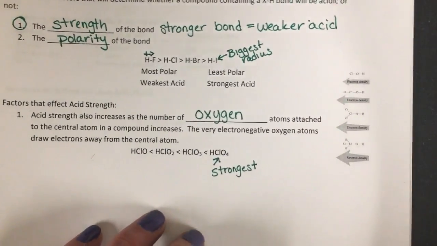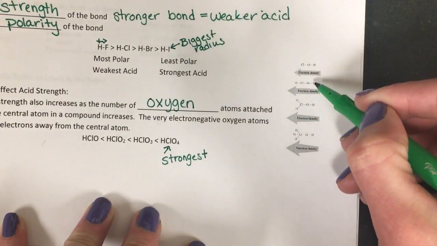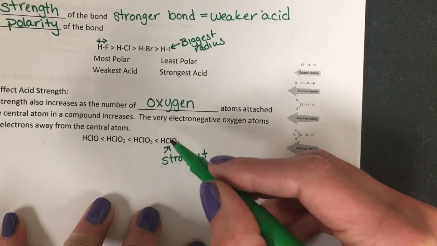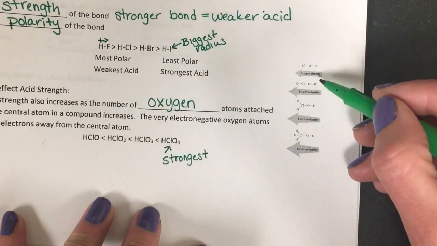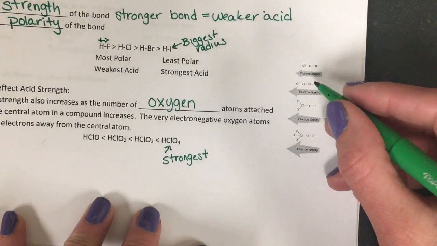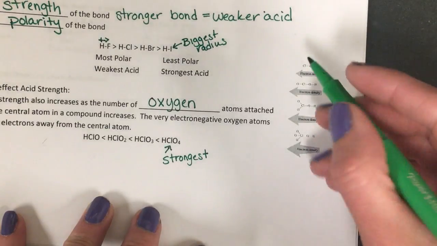And here's why. If we look over at our tiny picture, this H, my acidic H, is actually on an oxyacid. It's always attached to an oxygen. The oxygen is really electronegative. It wants those electrons.